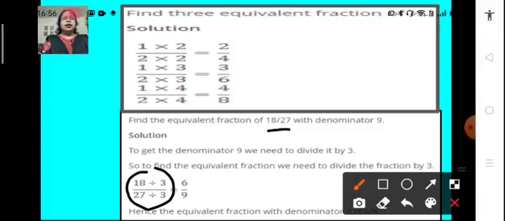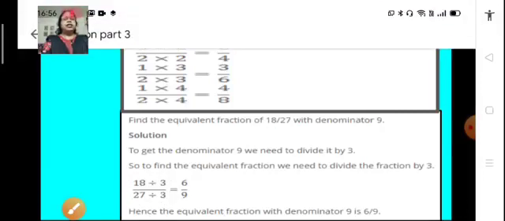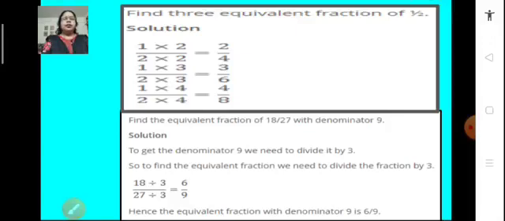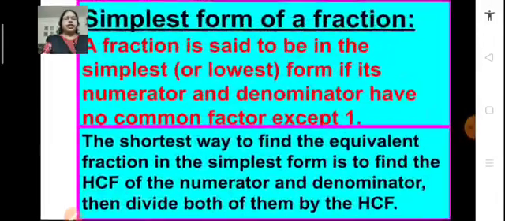If we divide the numerator 18 by 3, we get 6, and when we divide the denominator 27 by 3, we get 9. So 6 upon 9 is the fraction which we are getting. So the equivalent fraction of 18 upon 27 with denominator 9 is 6 upon 9. This is how we get the equivalent fractions of a given fraction.